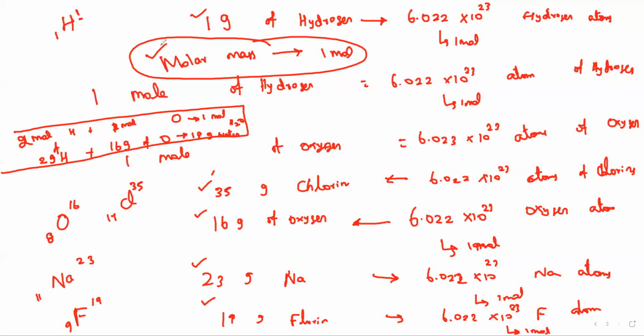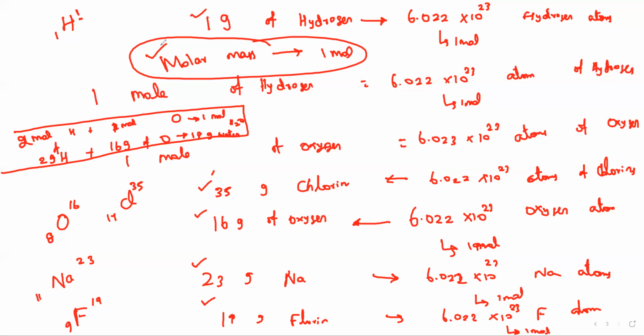Are called as the what? Molar mass. Yes. So molar mass means the amount of mass in gram which gives 6.022 × 10^23 atoms, or which gives 1 mole of that particular atom or molecule.